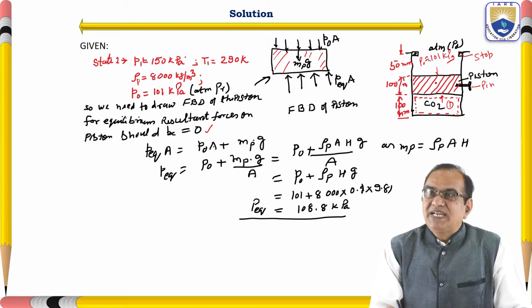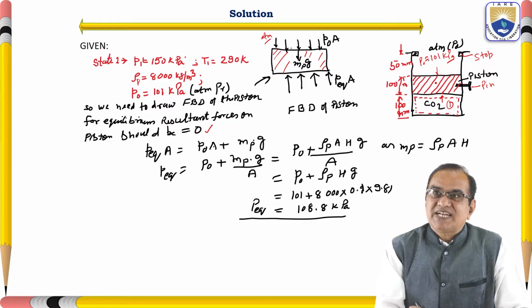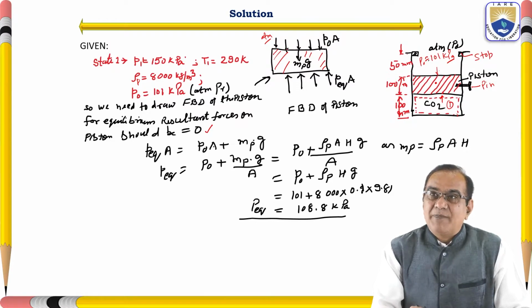On the upper side, the atmospheric pressure P naught is acting on top, and the total force acting on the upper surface is pressure into area.